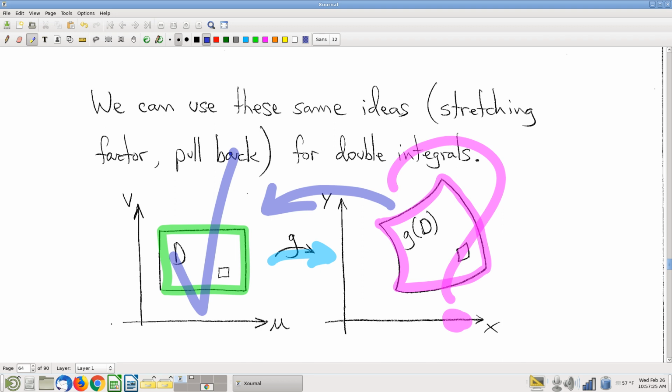Okay. So that's the big idea. We want to be able to do an analogous thing. We want to pull back through g to turn a purple ugly integral into a green nice integral. Yes? I feel like, wouldn't we be able to compute the green integral without going over and then coming back? Oh, yeah, no, but that's not the question. The question is, suppose we start with an integral on the purple domain.